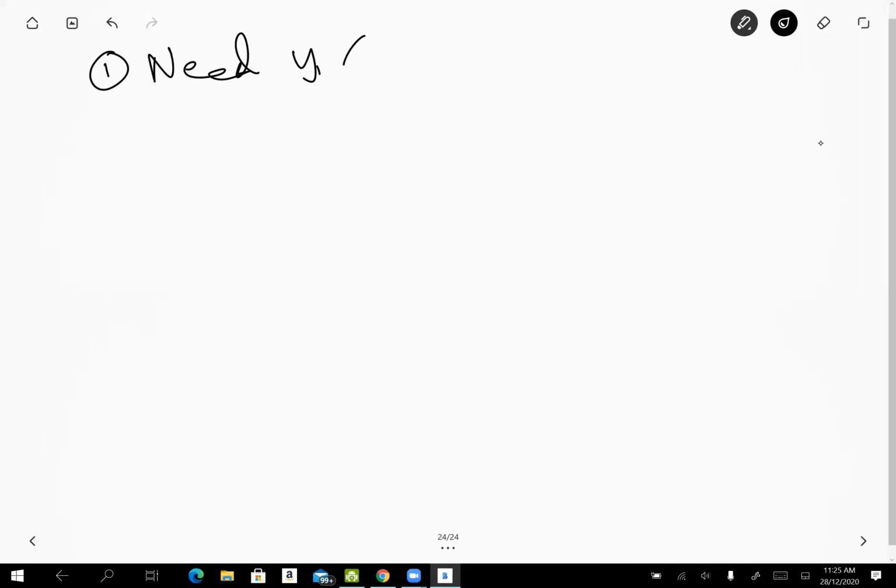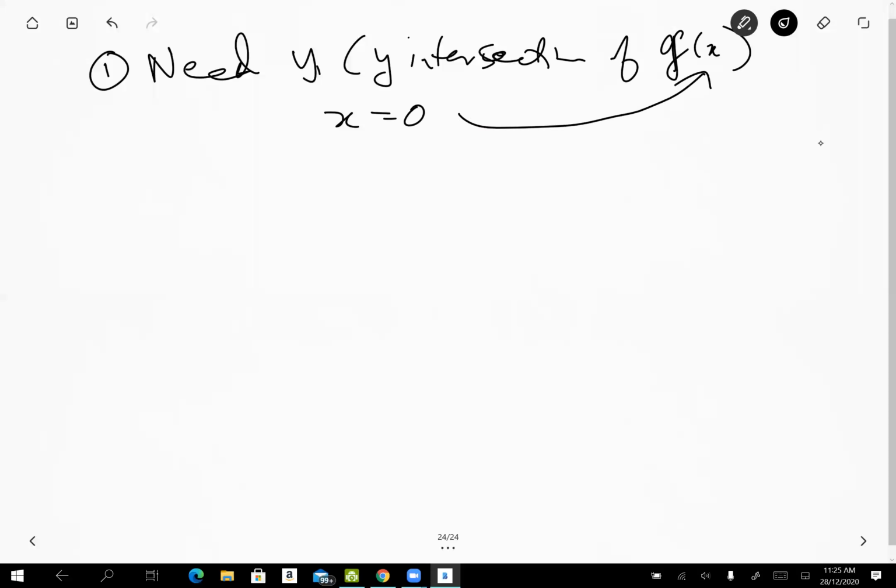The y intersection of what? f(x) or g(x)? g(x). So what you do here, you substitute x equal to 0 into g, then what you get will be y equal to y1. So this one is very easy.